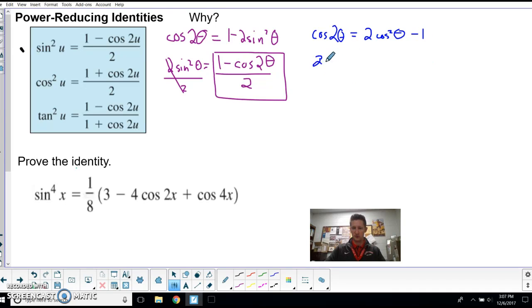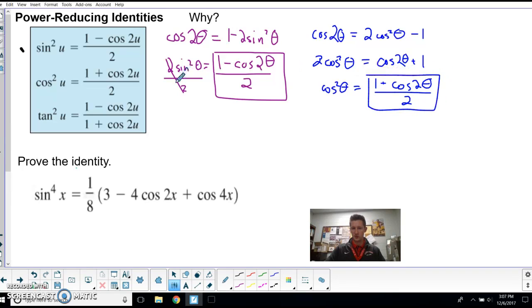I'm going to write it backwards just for the sake of having it look the way that it does in the answer. 2 cosine squared theta would equal the cosine of 2 theta plus 1, or 1 plus that, either way, commutative property, we can do that. Divide that by 2, and we'd be able to say, hey, cosine squared theta is equal to 1 plus cosine of twice theta divided by 2, which is what you would see right here.